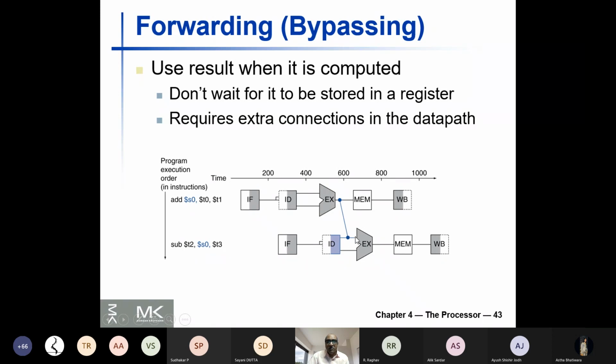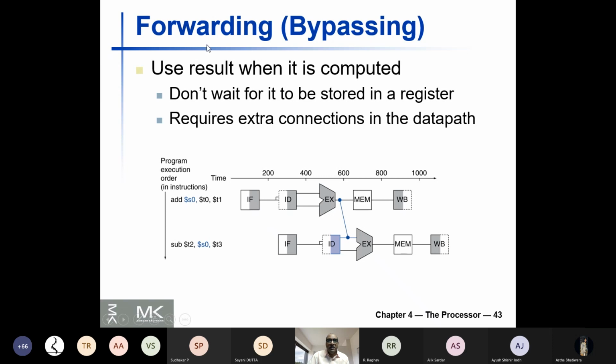So this is known as forwarding. It means that it directly forwards the data to the following instruction. It's also known as bypassing, because here the result is not written into the register file by this time. So we are bypassing that and directly feeding from the previous instruction itself.